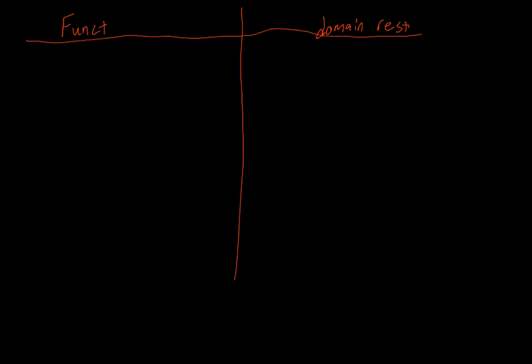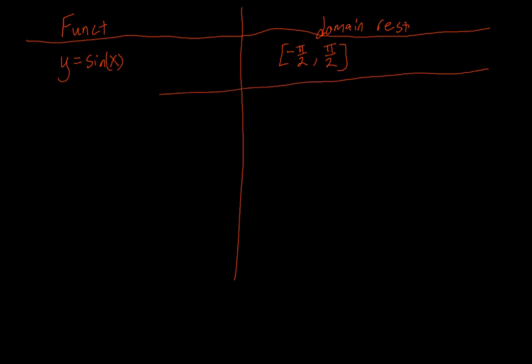So the first function we're going to look at is sine. If you have y equals the sine of x, then your restriction in order to get that inverse was from negative pi over 2 to positive pi over 2. The next one is y equals cosine of x.